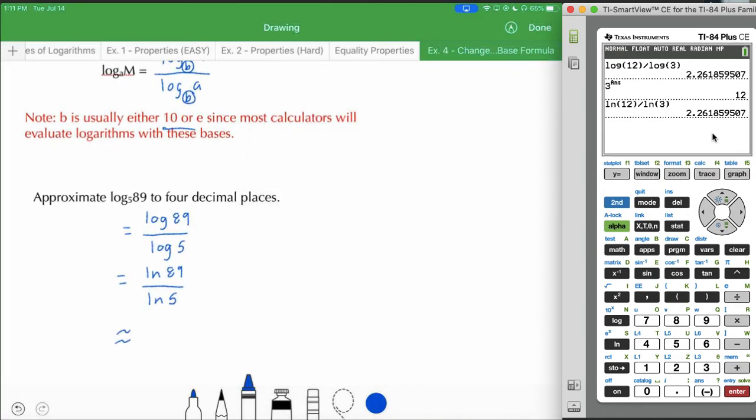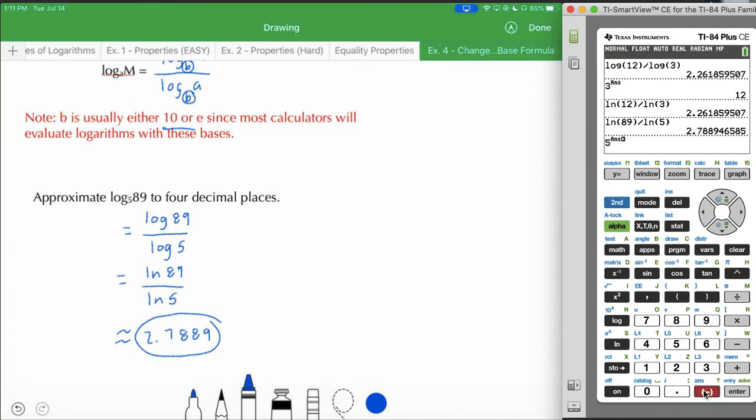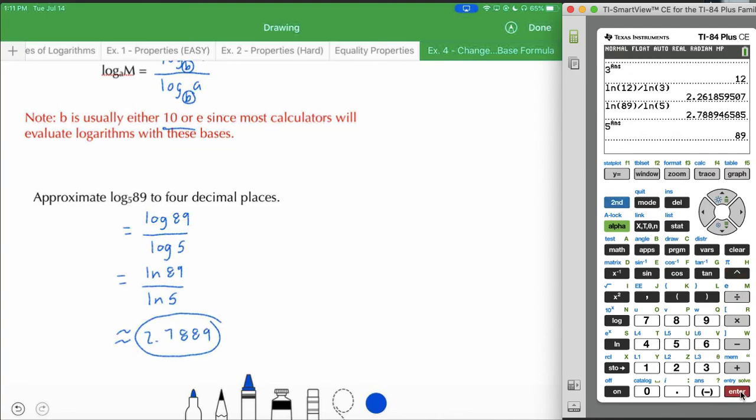I'll just do the natural log version. And there we have it, 2.7889. And of course, we can check that, right? 5 raised to the power equals 89.